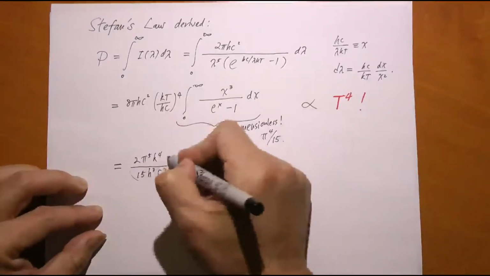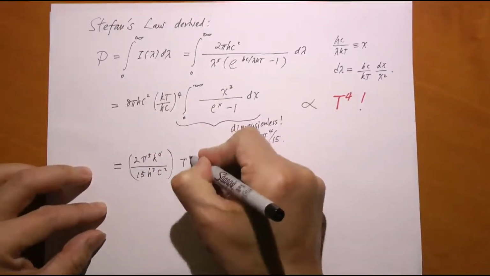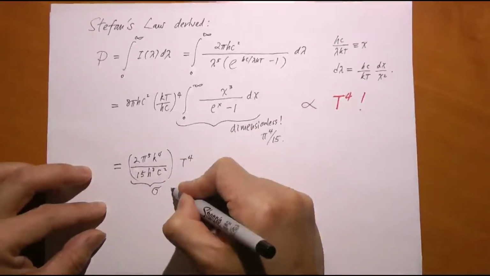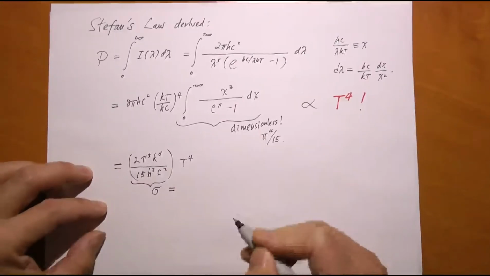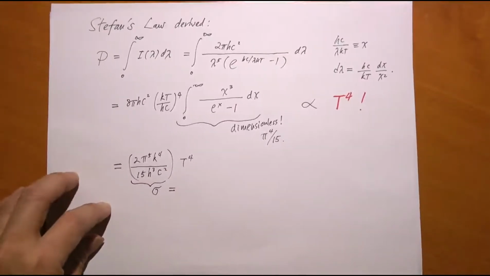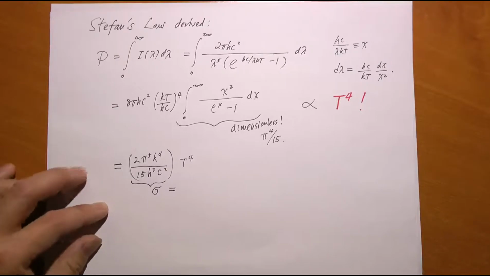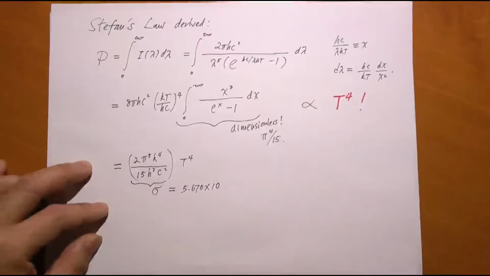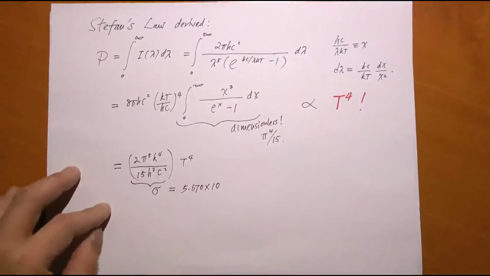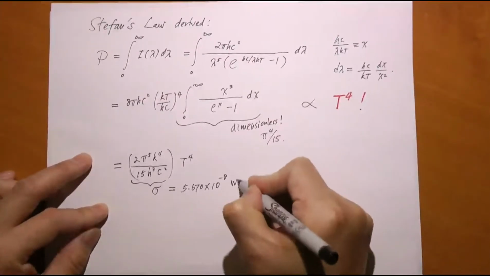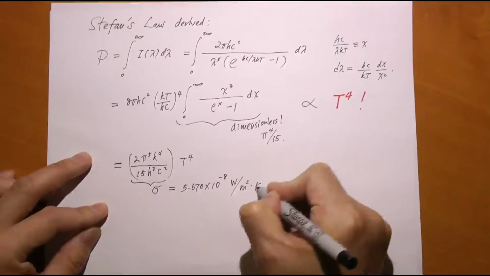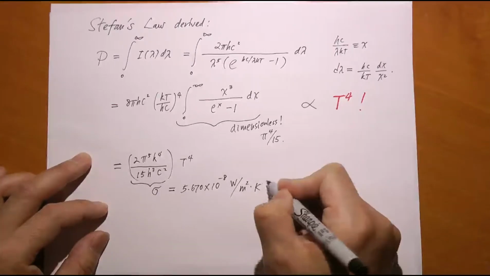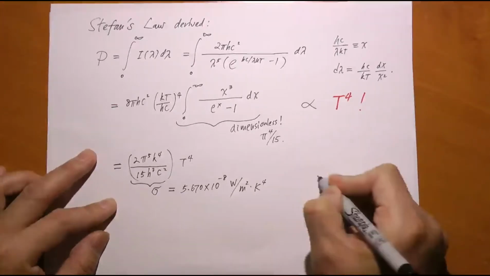So from that, we can find the Stefan-Boltzmann constant sigma. And it turns out sigma is equal to, according to the textbook, 5.670 times 10 to the negative 8 watts per meter squared per Kelvin to the power 4. This is the Stefan-Boltzmann constant.